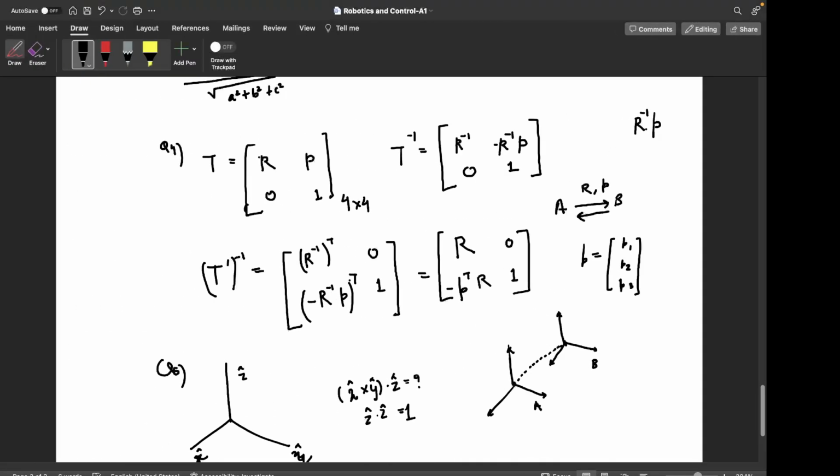Yeah. So what I'm saying is that think of it as you are also transforming the translation vector. The coordinates of translation are not the same now because we have also rotated, right? So in order to find the inverse transformation, you have to describe the translation in the other frame.